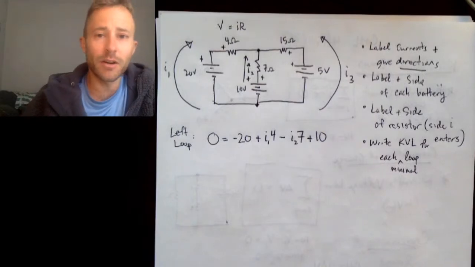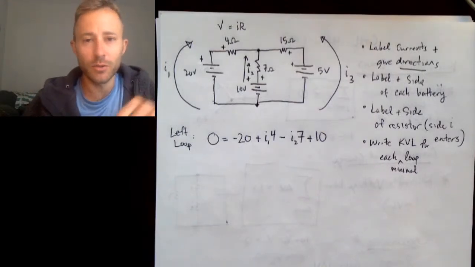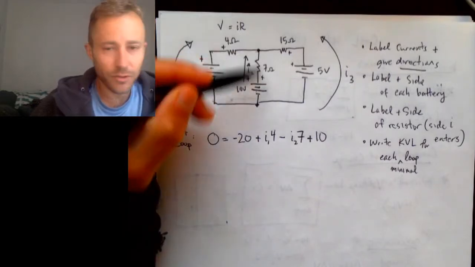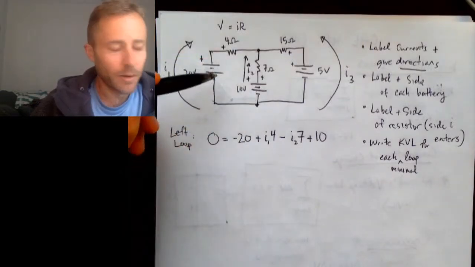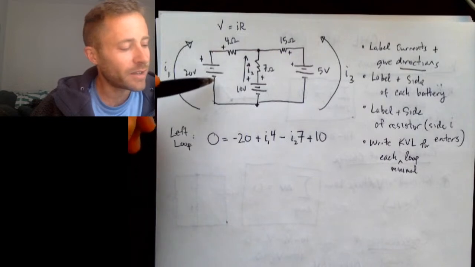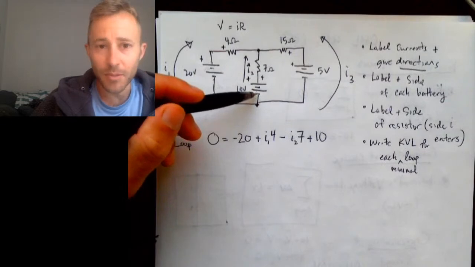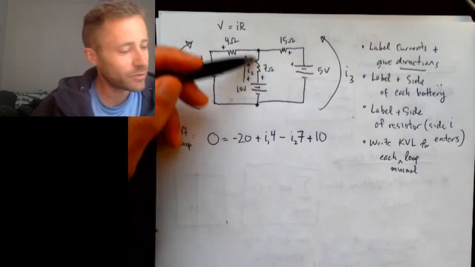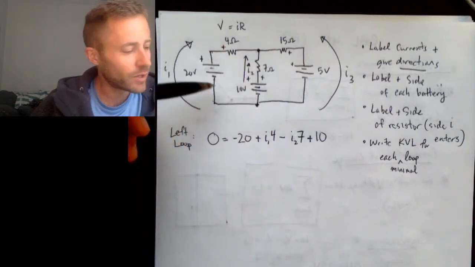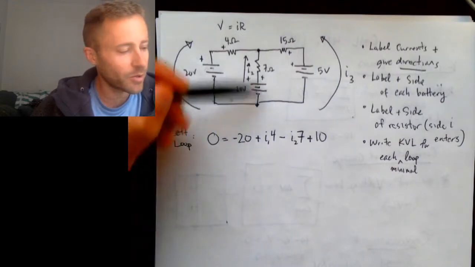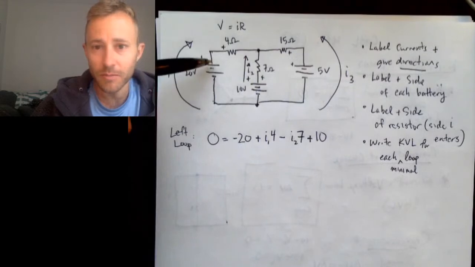It also doesn't matter if you go clockwise or counterclockwise. Here I went clockwise around the loop. But if I had gone counterclockwise, I would encounter the opposite side of each circuit element. So instead of encountering the negative terminal of the 20-volt battery, I would come around and encounter the positive terminal.